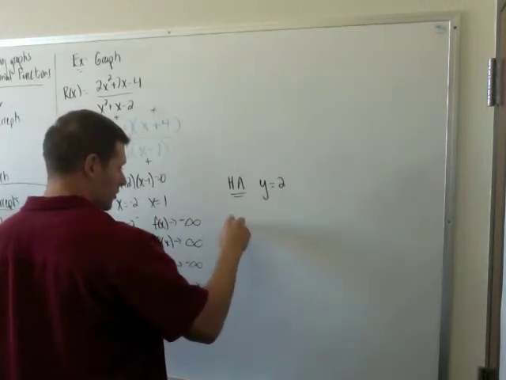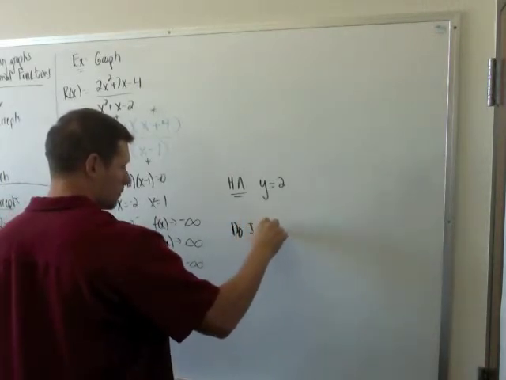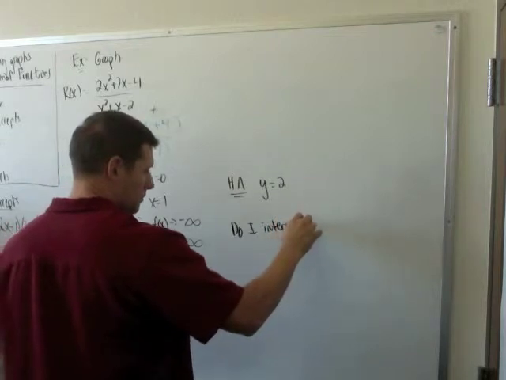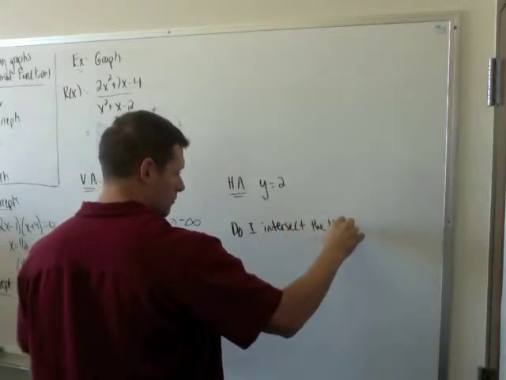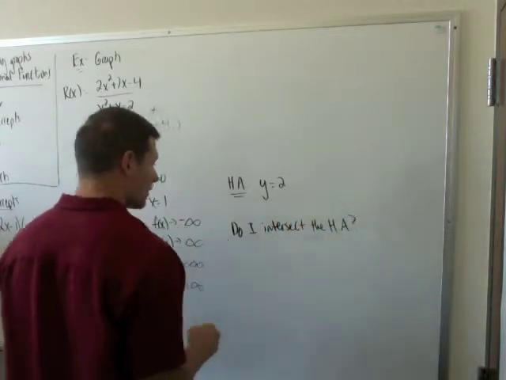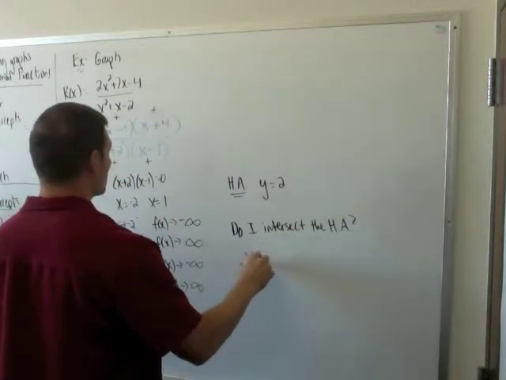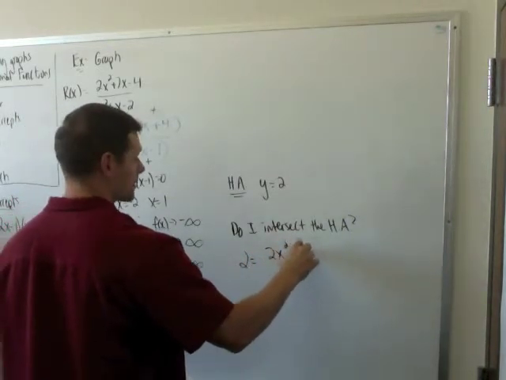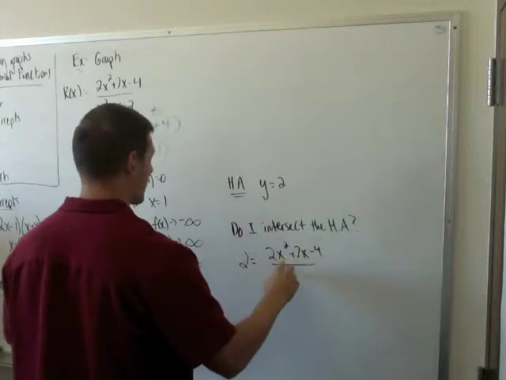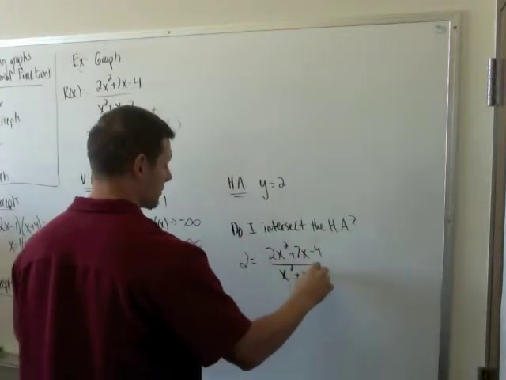So I say 2 equals 2x squared plus 7x minus 4 divided by x squared plus x minus 2.